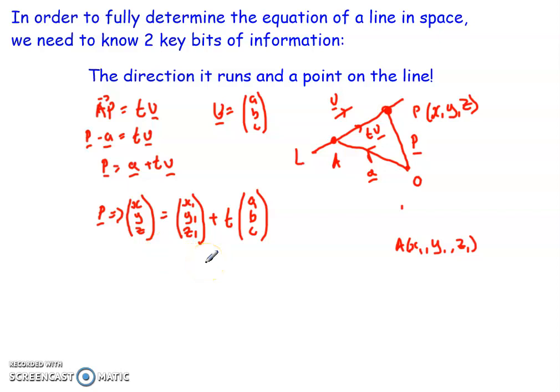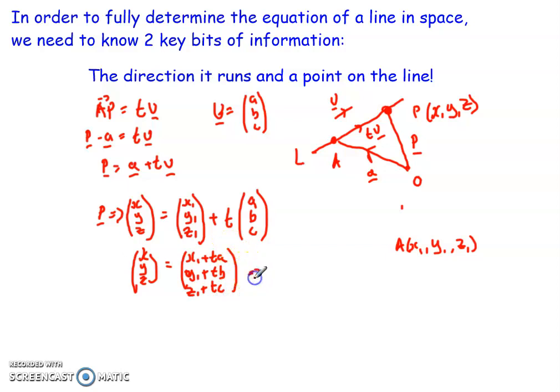Now what I'm able to do at this point is multiply this bracket out and gather like components. So I've got x, y, z equals x1 plus ta, y1 plus tb, z1 plus tc.